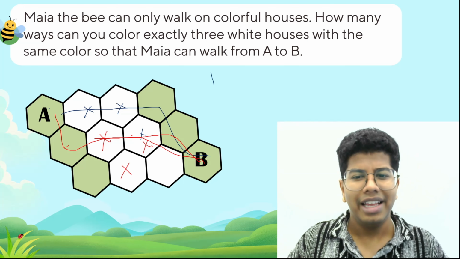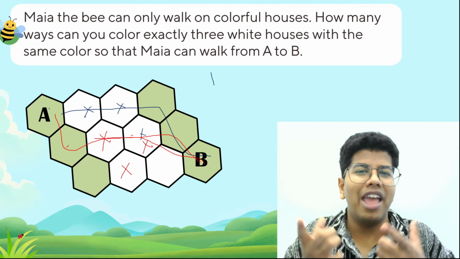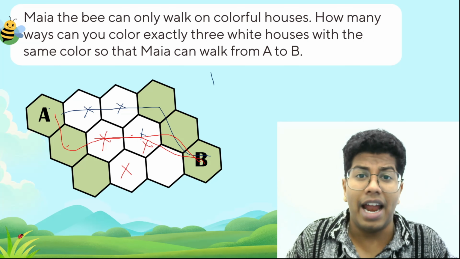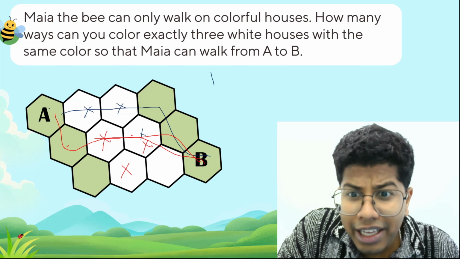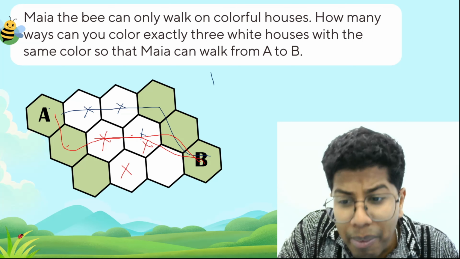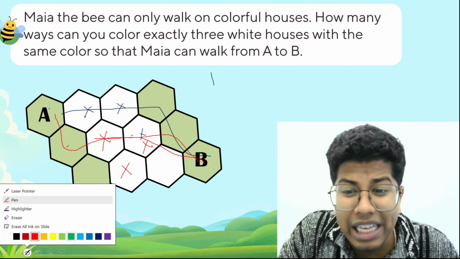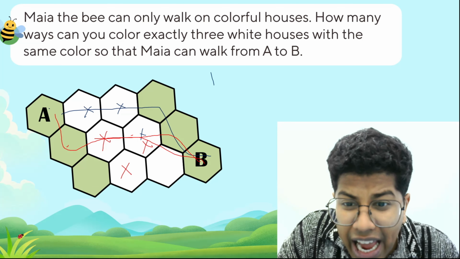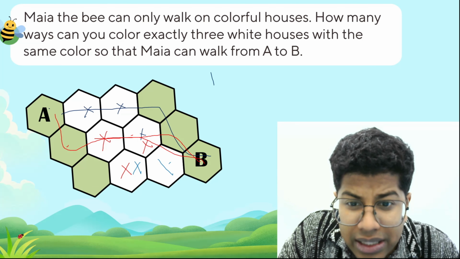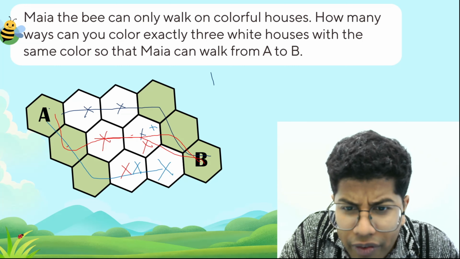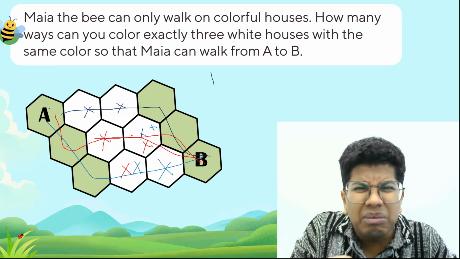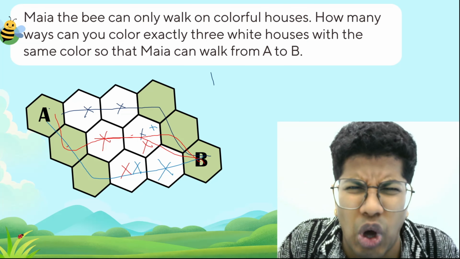Now the thing is, if I keep counting one by one, there are chances that I can miscount, I can double count. Let's say I color this one, color this one, color this one. We can observe, it can still walk from here to here. But the figure looks so messy.